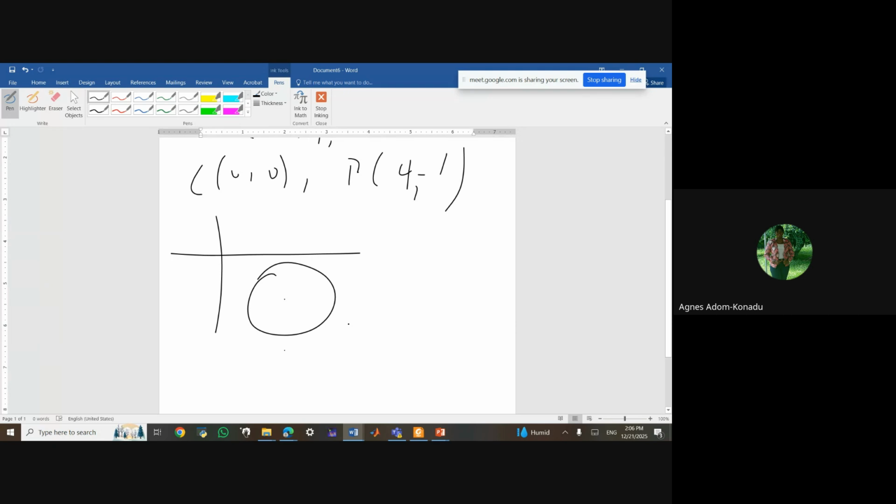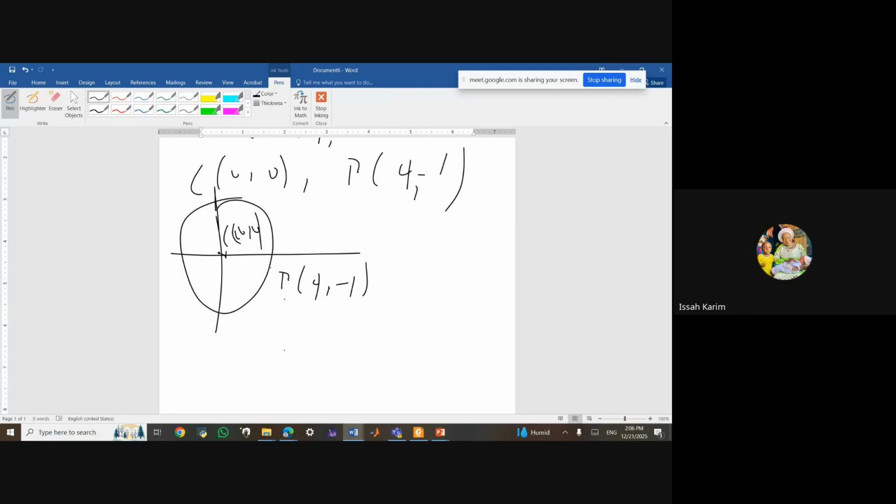There's a point. Okay, I didn't sketch it well. The center is 0, 0, sorry. The center is 0, 0, and then they are saying that we have the point 4, negative 1. So this P is 4, negative 1, and the center is 0, 0. So how do you go about it?